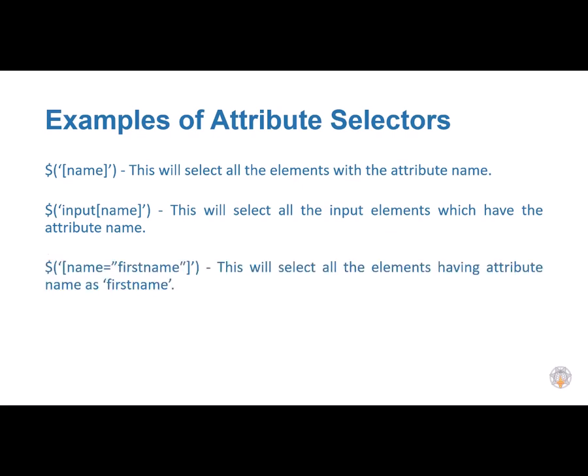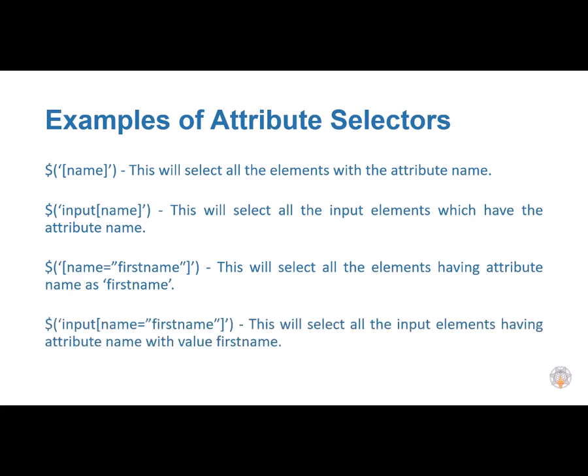The third selector will select all the elements having the attribute name as first name, while the last selector will select all the input elements having the attribute name with the value first name. While using attribute selectors, we have to use single quotes and double quotes in the correct fashion, otherwise the attribute doesn't get selected as expected.